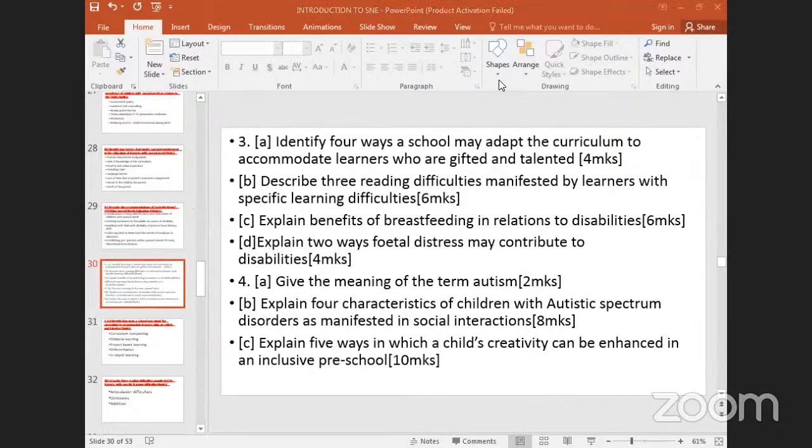Let me notify the class that in our midst we have Madam Grace Kiare, and as was requested by most of us, that we get someone who can help us go through the terminologies when it comes to answering the essay questions. She is in our presence to help us as we go through these questions.